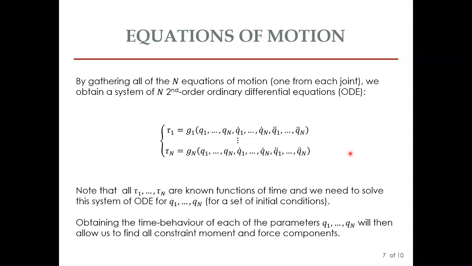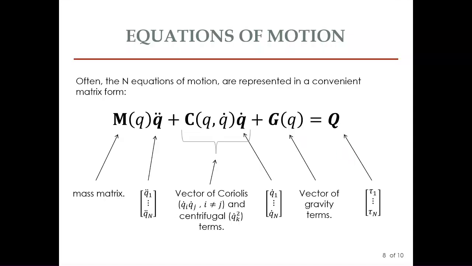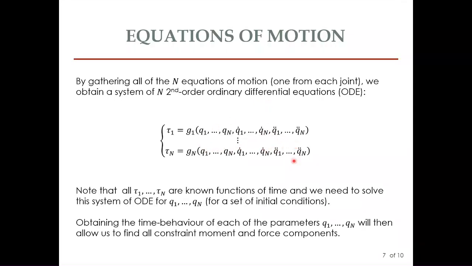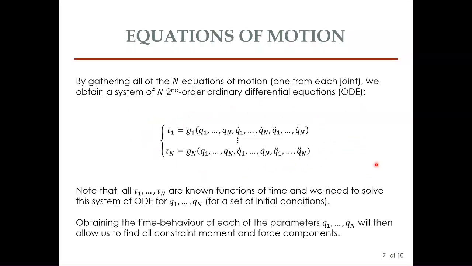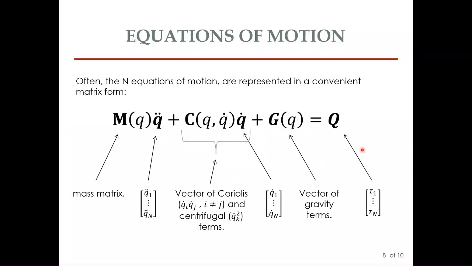Okay, now here there are some comments on how you can isolate the Q double dots. So I'll go through it quickly. We will not need it very soon. So what you can do, you will see that next to the Q double dots, essentially you can arrange these equations in this matrix form.